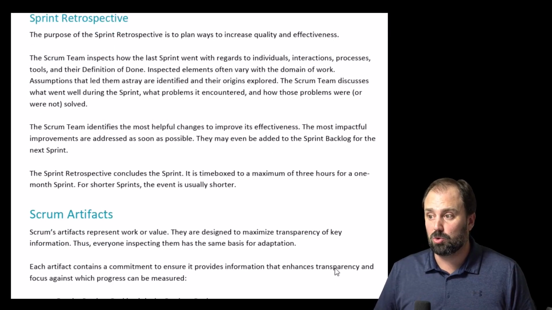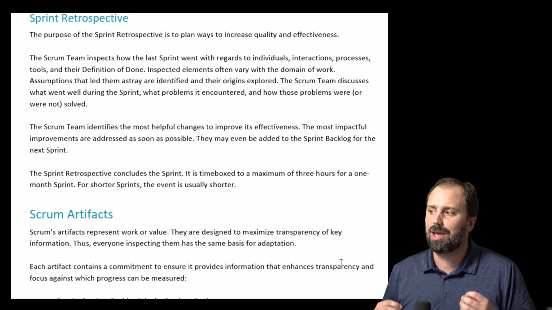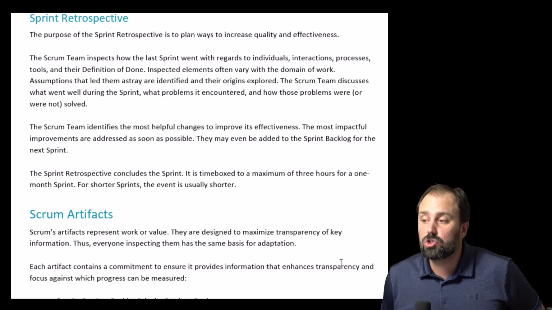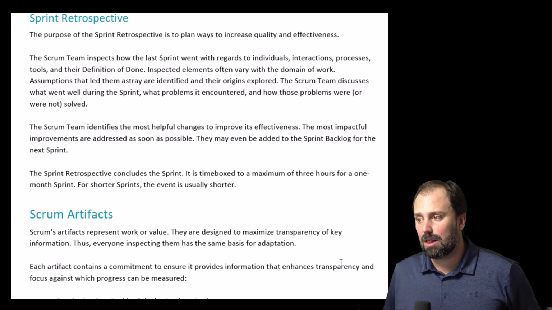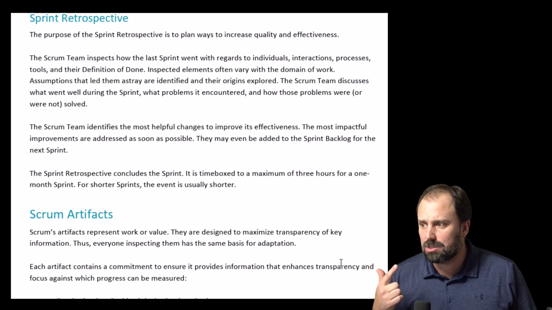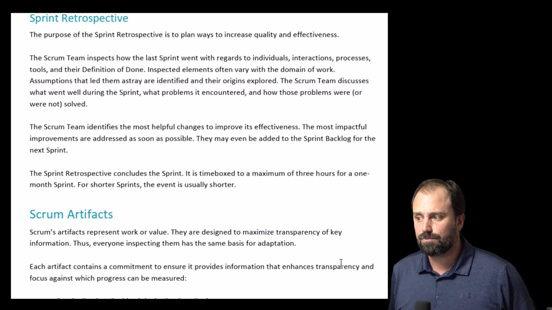The sprint retrospective. The purpose of the sprint retrospective is to plan ways to increase quality and effectiveness. The Scrum team inspects how the last sprint went with regard to individuals, interactions, processes, tools, and their definition of done.